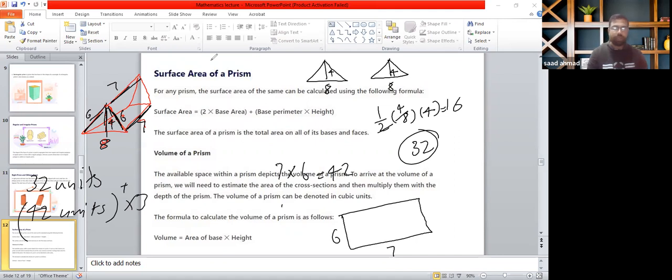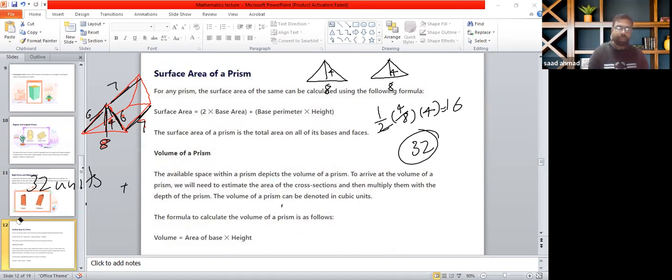There is another method that we can use. Instead of doing this, let's just find, okay, we have the base areas, that's 32 units. Now, instead of finding the areas of the lateral faces, what we do is we find the perimeter of the base.